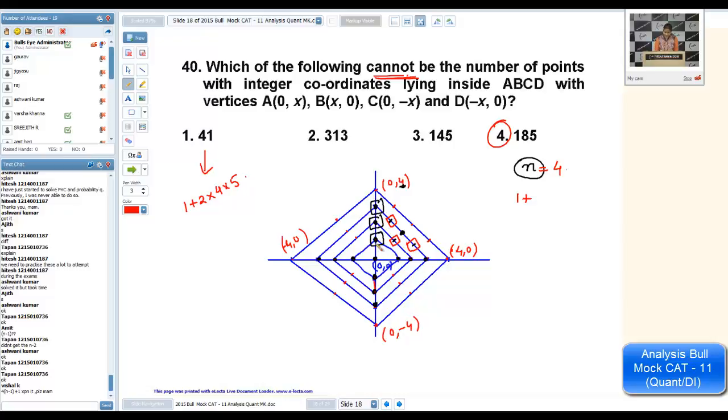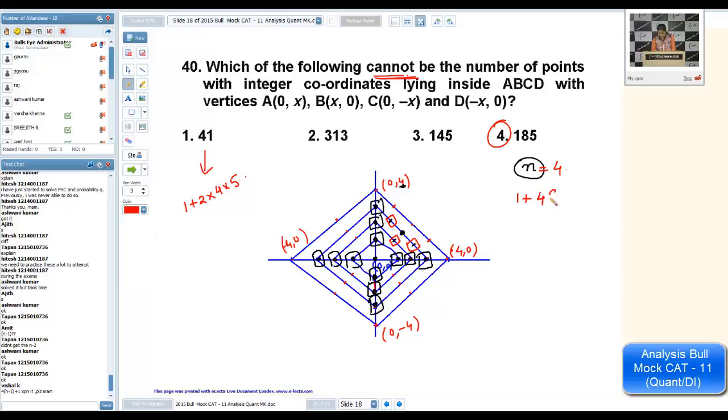Now I'm taking those black rectangle points. There are 4 lines, and for every line you have 3 points. We are talking about inside the boundary. So to calculate it, I'm using the generalization.